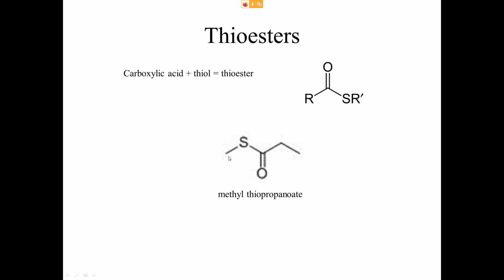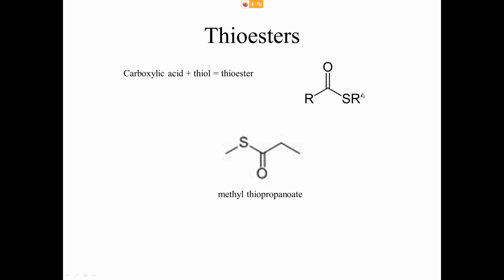So what was the original two components of this? The carboxyl group had 1, 2, 3 carbons, so it was simply propanoic acid with no sulfurs on it. And this S, since it's in this position, came from the alcohol component. So it was a 1-carbon alcohol with a sulfur. So it wasn't just methanol, it was thiomethanol, or methane thiol, is how you say it.